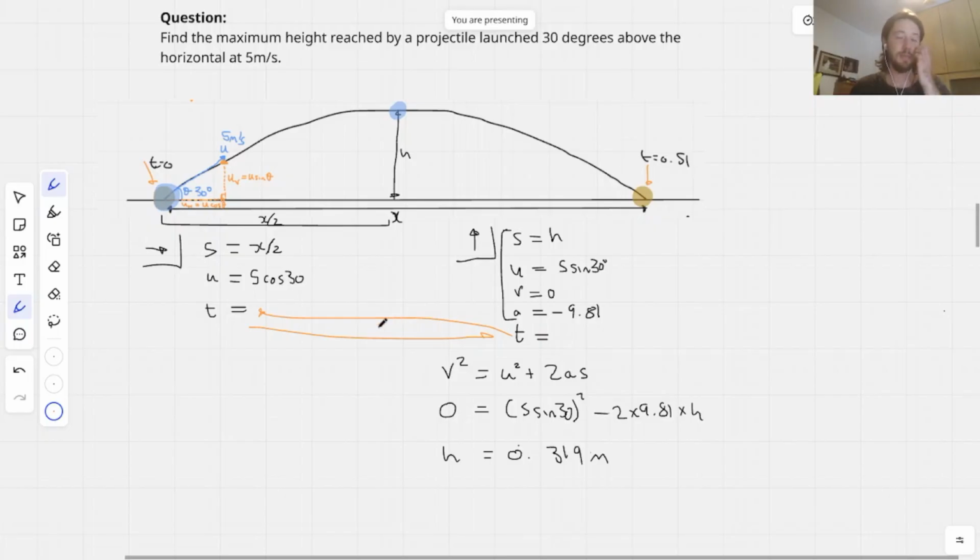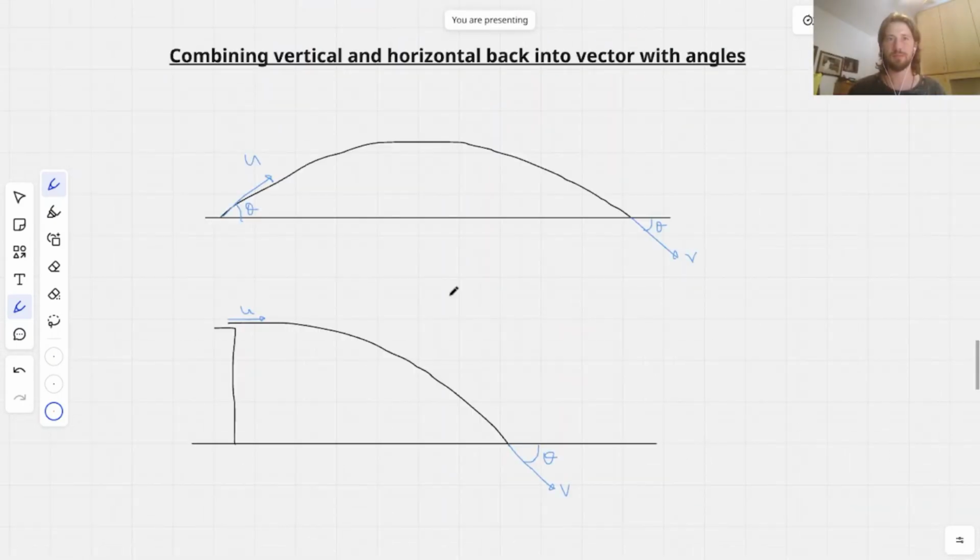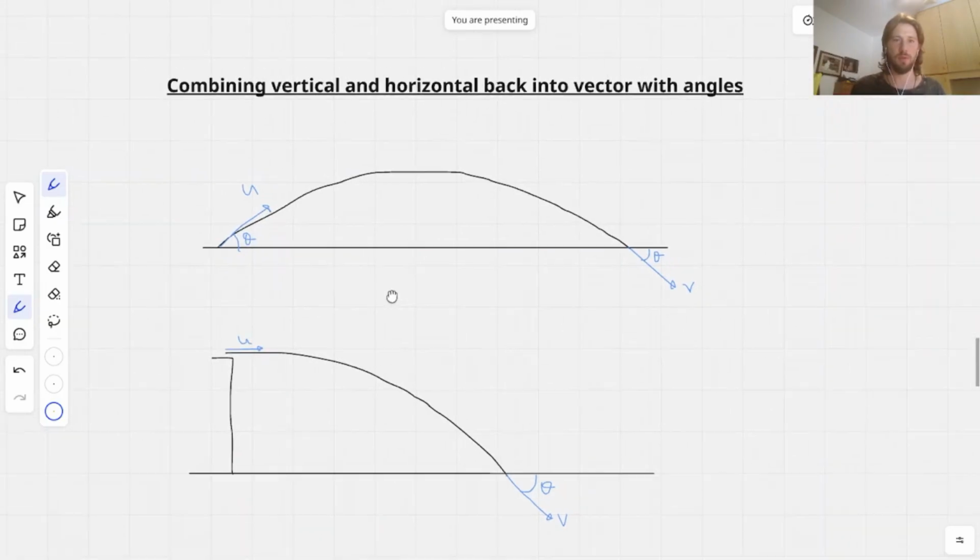Now, there is something else that we also need to know, and I'll show you that right now. And that is turning our vertical and horizontal components back into a vector with an angle. So I'll show you by example.